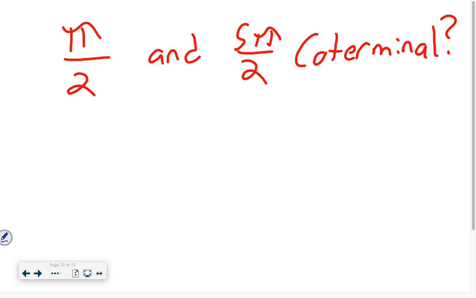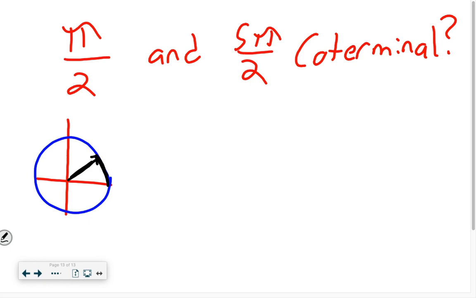The other way we can do this is by the same concept. Coterminal angles, you add 360 or you make one full revolution around, right? Well, I'm going to draw a nice little unit circle. If you have an angle right here, this is your arc length, so in radians this would be the measure you get.